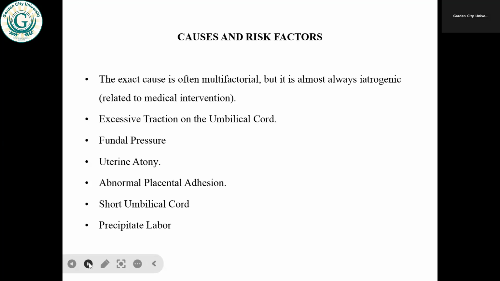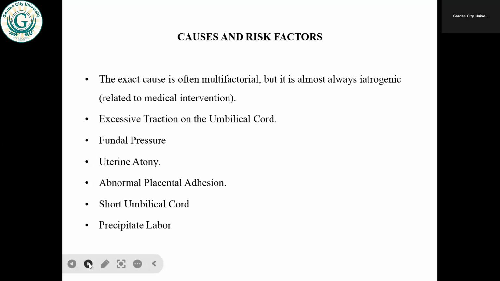Since the implantation has gone beyond the endometrial lining, as you pull the cord, it is very likely that the uterine fundus and the entire uterus can come together with the placental delivery.